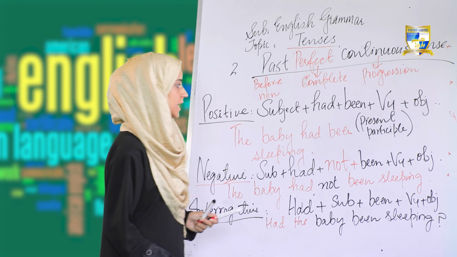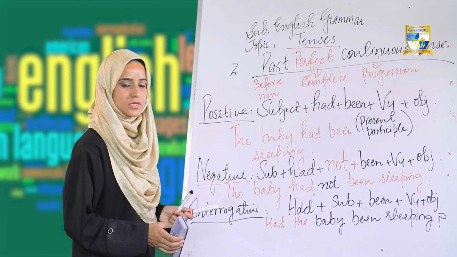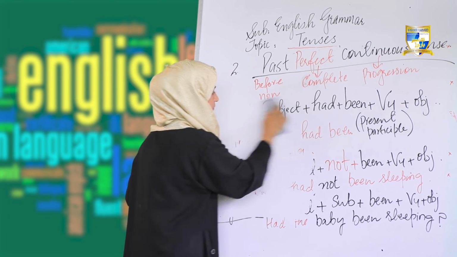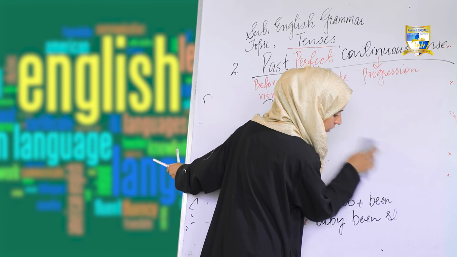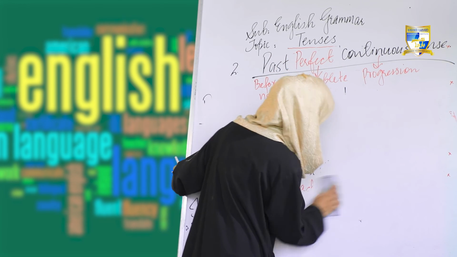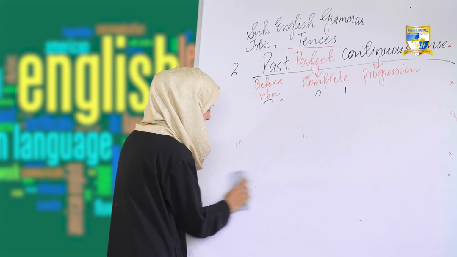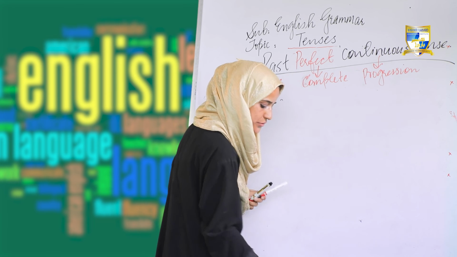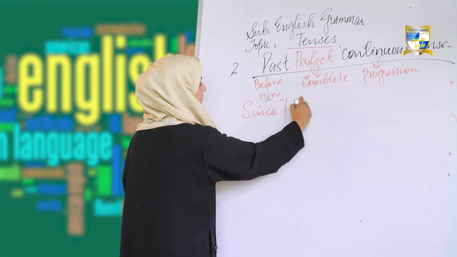Now let's understand the rule of time with these perfect continuous tenses. Where we mention the time of an action that had begun sometime in the past and was continuously going on, we use since and for.